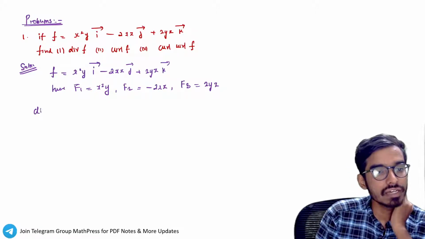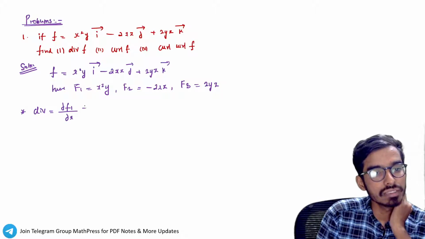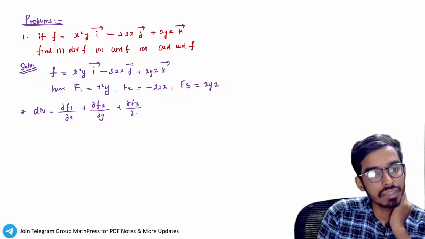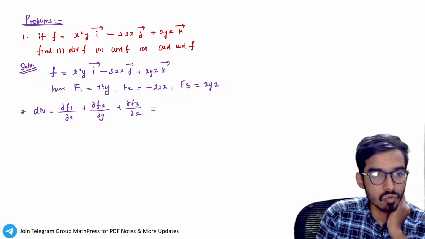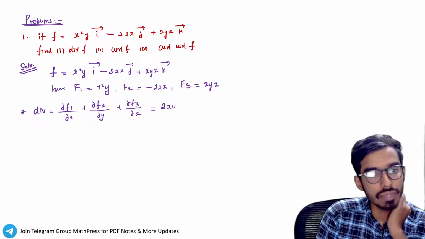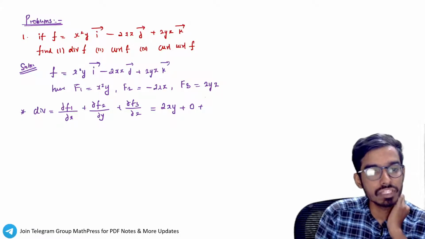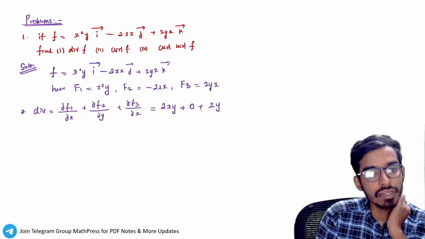So what is divergence of f? It is dou f1 by dou x plus dou f2 by dou y plus dou f3 by dou z. So differentiate f1 with respect to x, we'll have 2xy. Now differentiate f2 with respect to y. There is no y term here. Then we differentiate f3 with respect to z, so we'll have 2y, right?